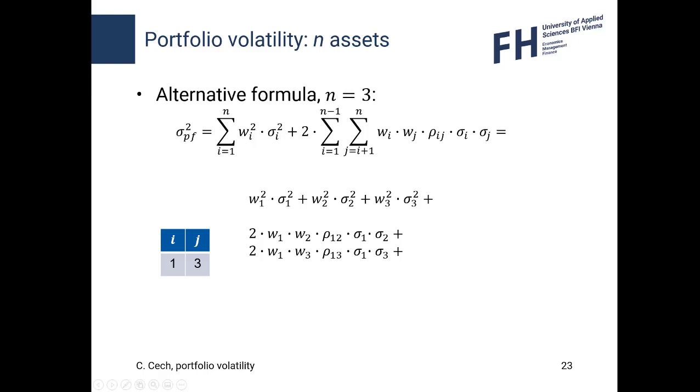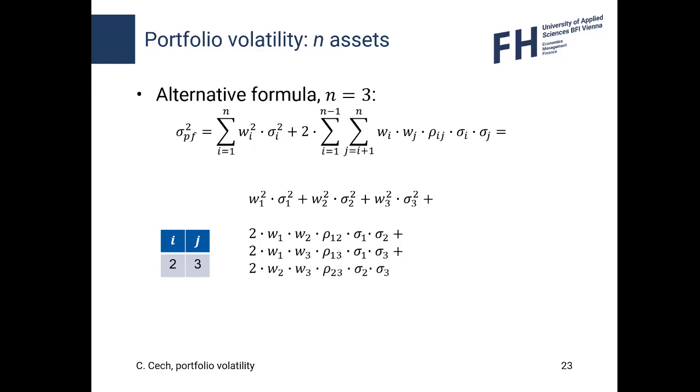So we increase now I by 1 to 2, so I is now 2, and if I is 2, then j starts with 2 plus 1 equal to 3. So we now have I is equal to 2 and j is equal to 3.